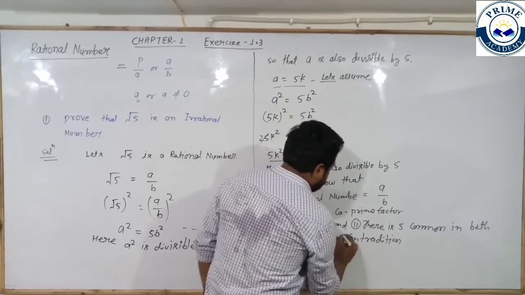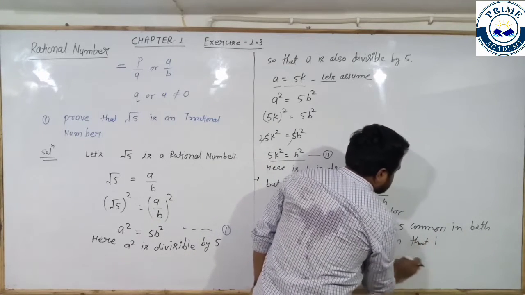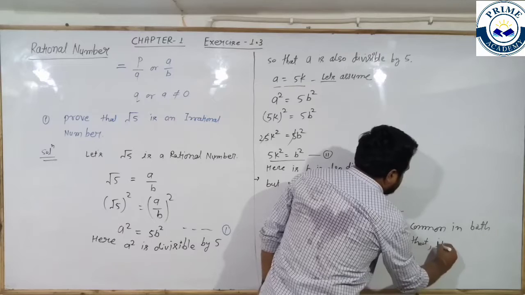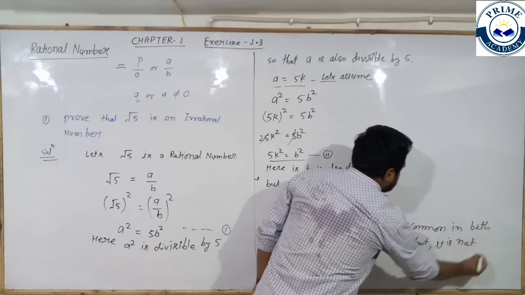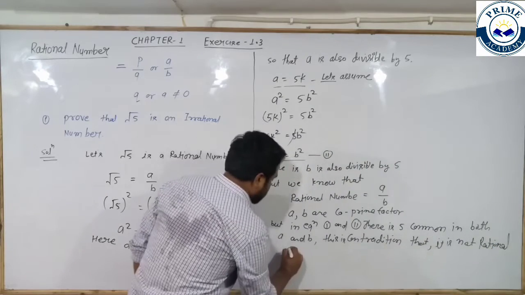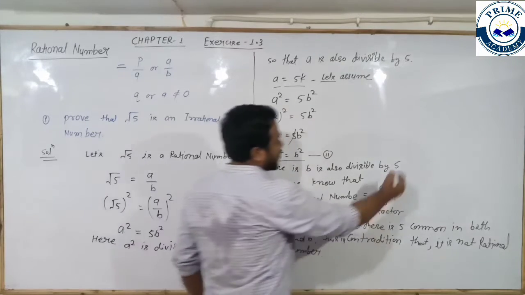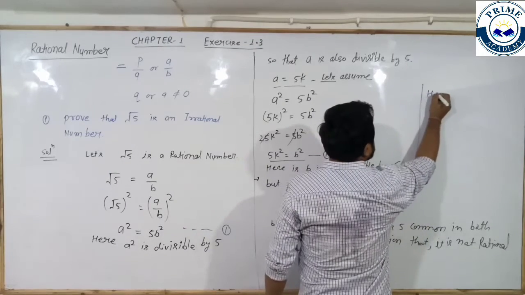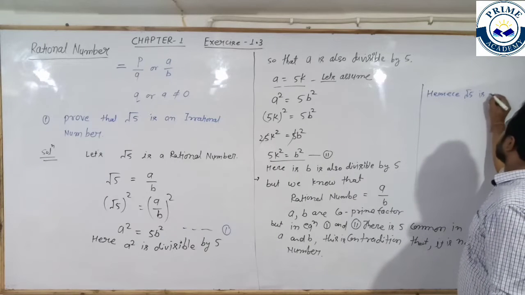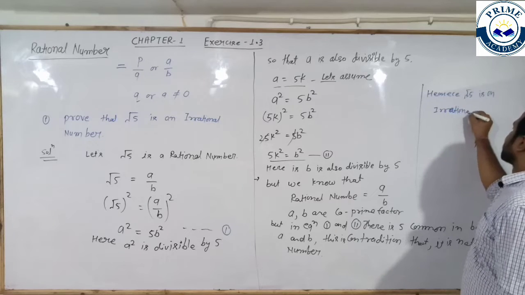So you can write, this is a contradiction, that it is not a rational number. Hence root 5 is an irrational number.